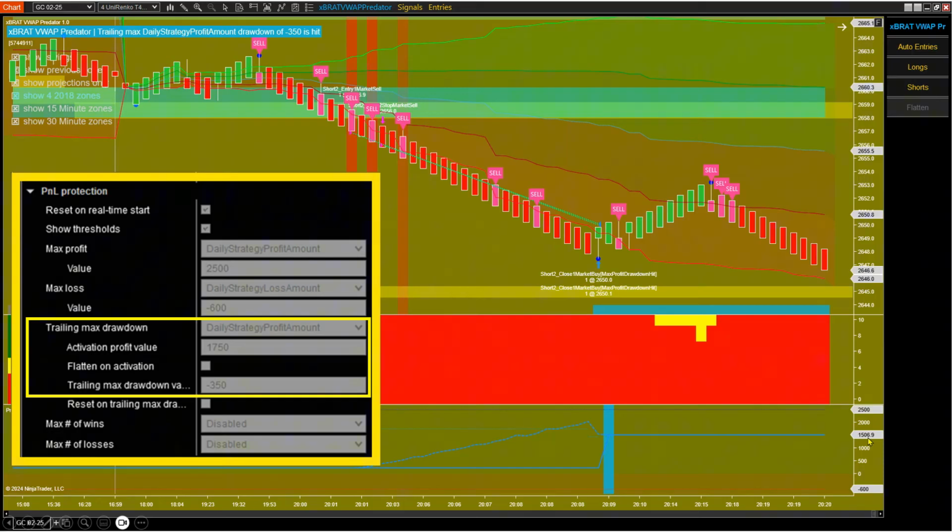Add $350 to that, and it actually went to around $1,856 in the end. But what it does is manage it. Once it goes over $1,750, it just manages $350 behind and then takes it. Then you can see on the chart we have this VWAP Predator Trailing Max drawdown hit at 350. It's a light blue. We get a light blue here, we get a light blue at the top, and the light blue on the chart says no more trading.